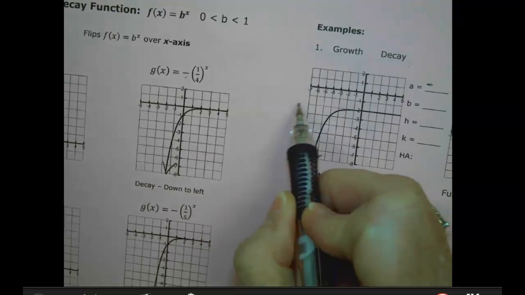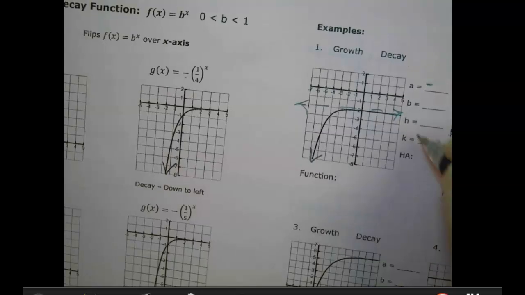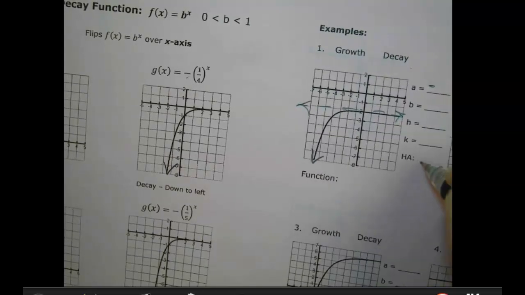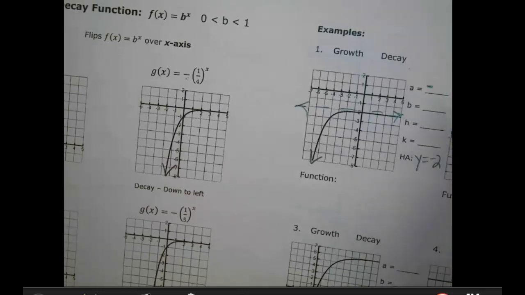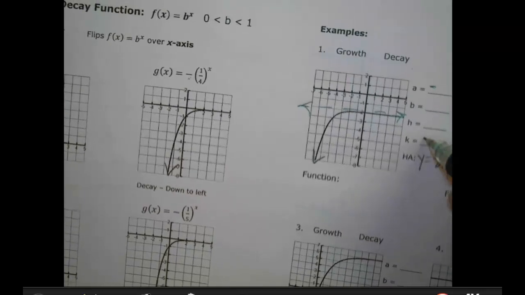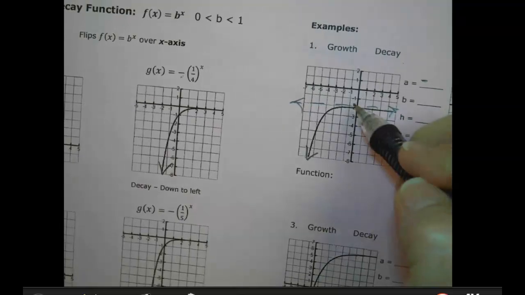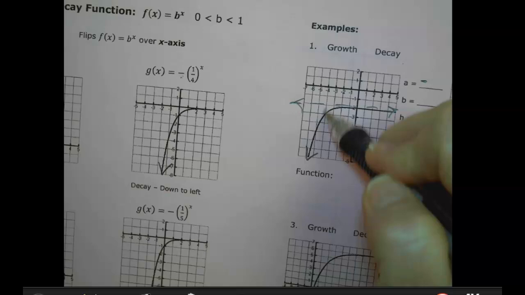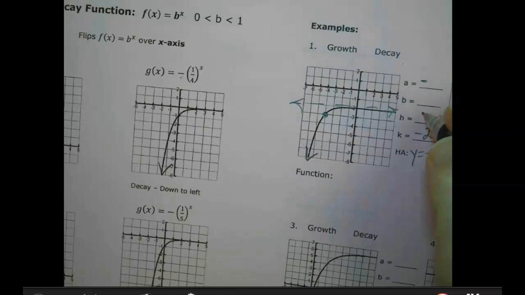So here we're going to start the same place, asymptote first, always. So my horizontal asymptote is at y equals -2. The -2 is my k. Next, I have to find the spot that is 1 off the asymptote. It's right here, and it got shifted 4 to the left. It's a liar, so it's going to be a +4.